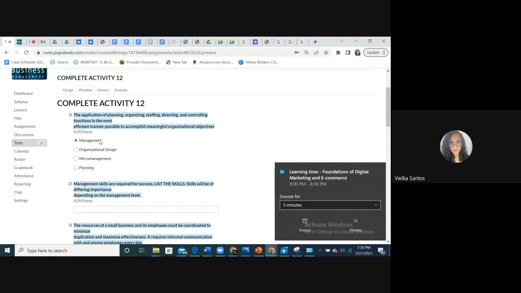Management skills are required for success. List skills. A skill will be of different importance depending on the management level. You remember that we took a picture of the skills. Somebody remember the skills? Conceptual.